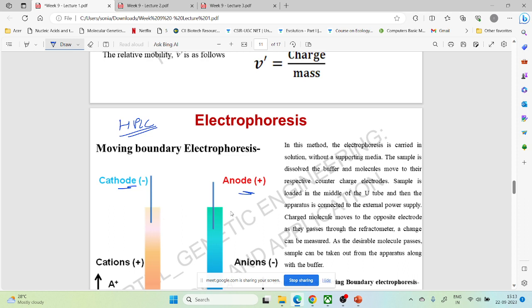So now we can distinguish how many particles in our protein are positively charged and how many are negatively charged. It was an advancement of the already existing technique: the sample is mixed in buffer, but now we also provide an electric field. So this was the starting of electrophoresis.